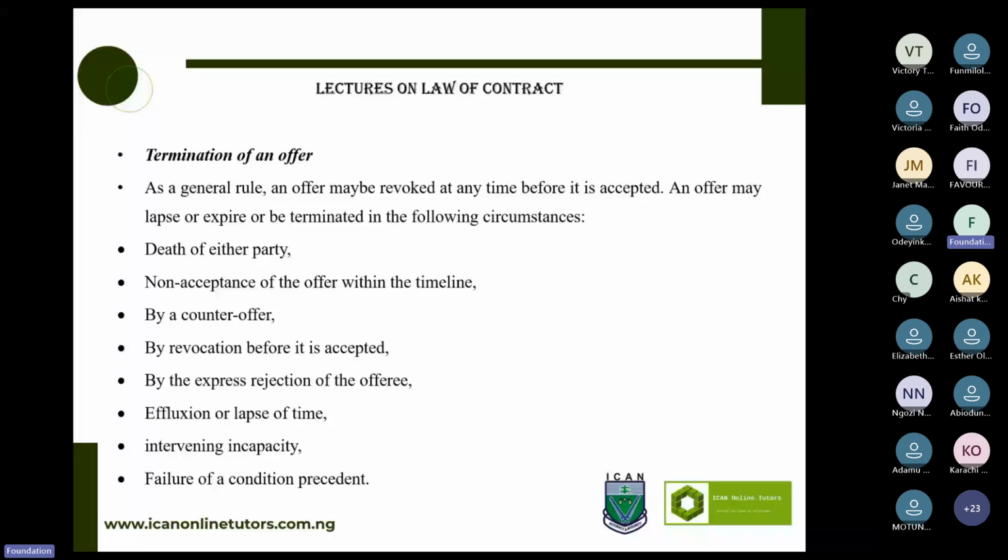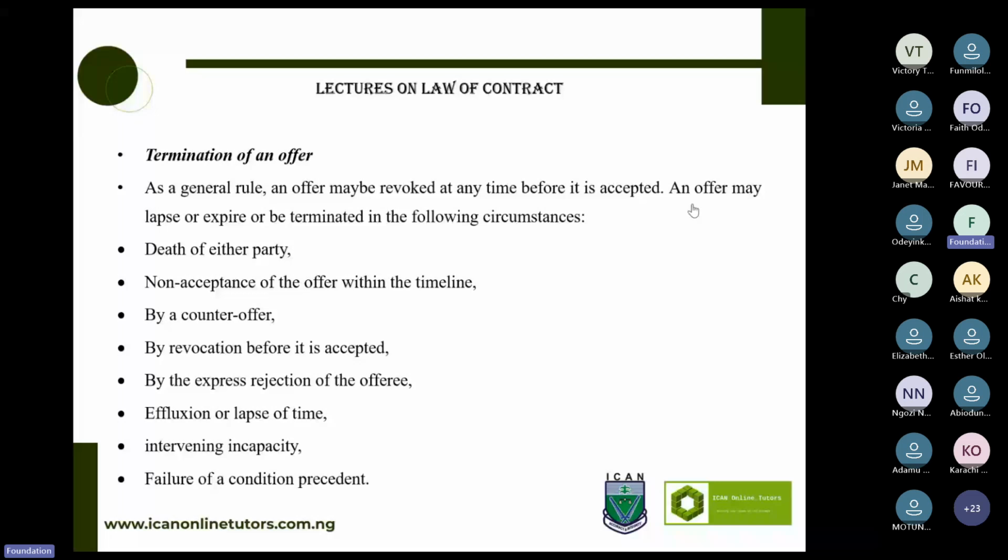Intervening incapacity. A very good example is if you have a business partner or a potential or intended business partner in Israel, do you think that person can accept your offer at this time? If you have a potential contract with somebody in Israel, you extend your offer, you said you'll be thinking about it, and what's happening in Israel now is happening to them.